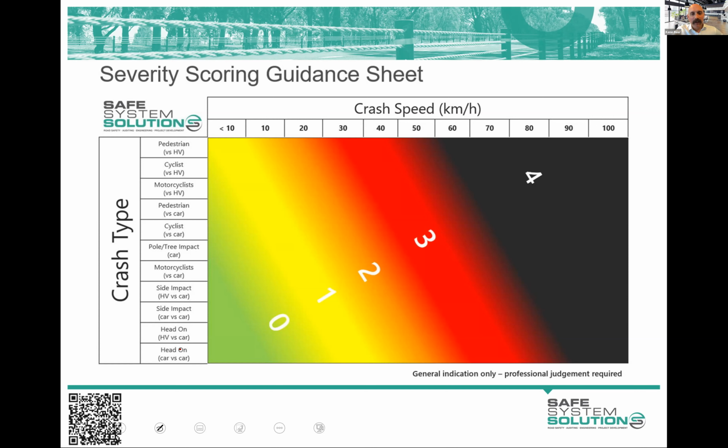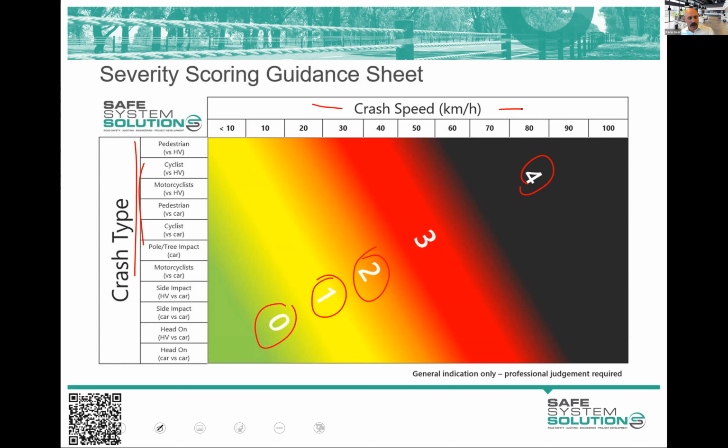Now, this comes later down the track, but we do put numbers to different severities to help us along the way. We've got crash types here, and crash speeds up here, and you can start to get an idea of what levels of severity we'd be expecting for different crash types under different crash speeds.